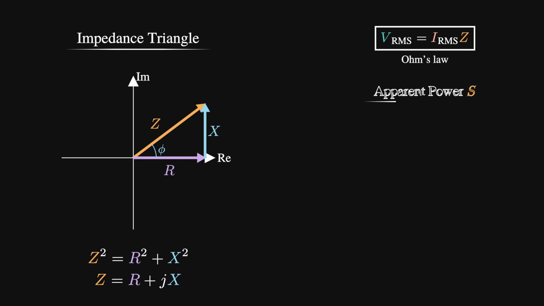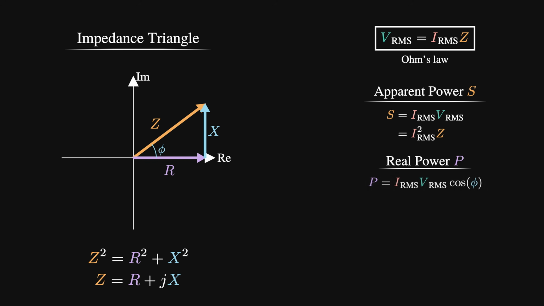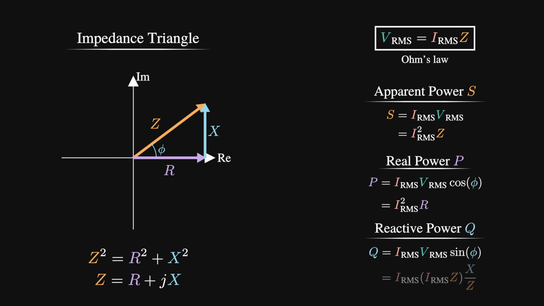Firstly, we can write the apparent power, which is just I times V, as I RMS squared Z. For the real power, IV cos phi, we can replace V with I times Z, and then replace cos phi with R over Z, because cos phi is just the adjacent over the hypotenuse in our power triangle. We can then simplify this to I squared R. Finally, we can do something similar with the reactive power, where we replace sine phi with X over Z, which yields I squared X. Do pause the video and convince yourself of this if you're not sure.